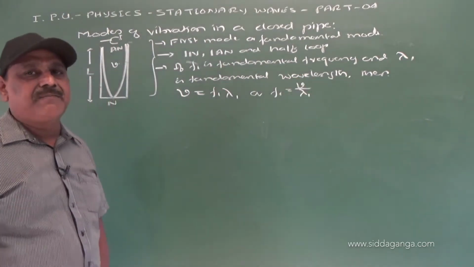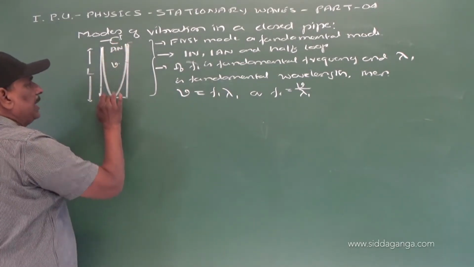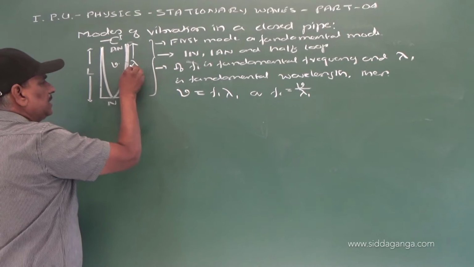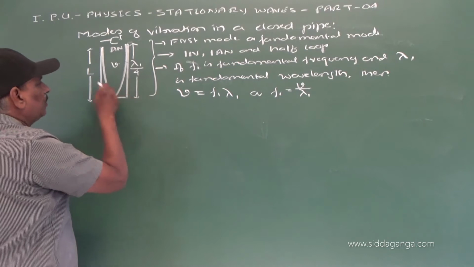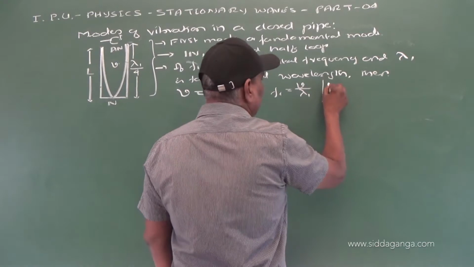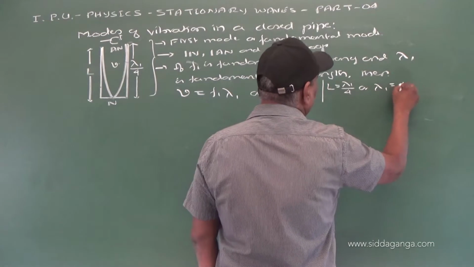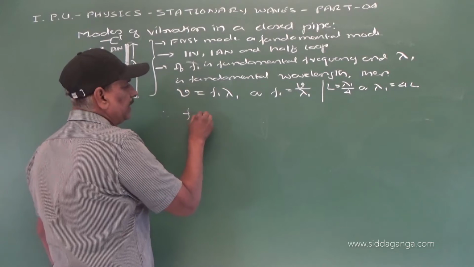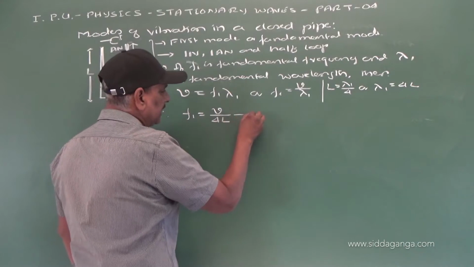Remember that in a stationary wave, the distance between a node and an immediate antinode is lambda by 4. Therefore, this distance, lambda 1 by 4, is equal to the length of the pipe. So L is equal to lambda 1 by 4, or lambda 1 is equal to 4L. Therefore, F1 is equal to V by 4L. Let us take it as equation 1.